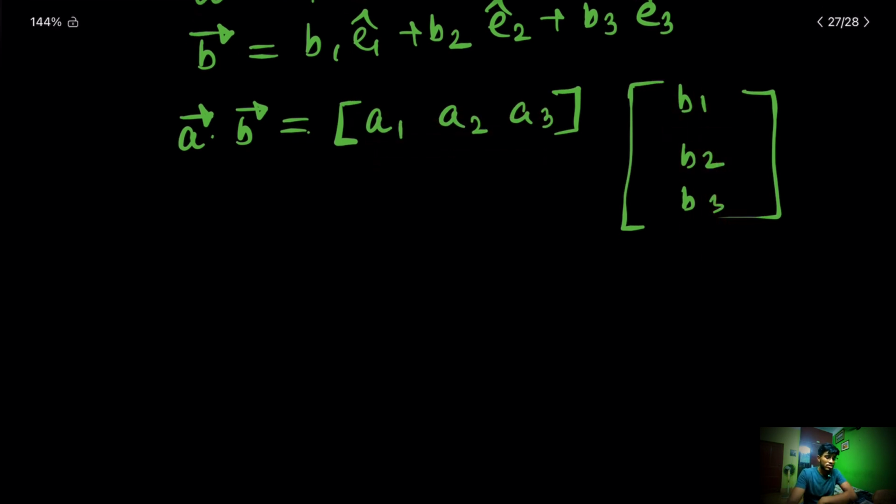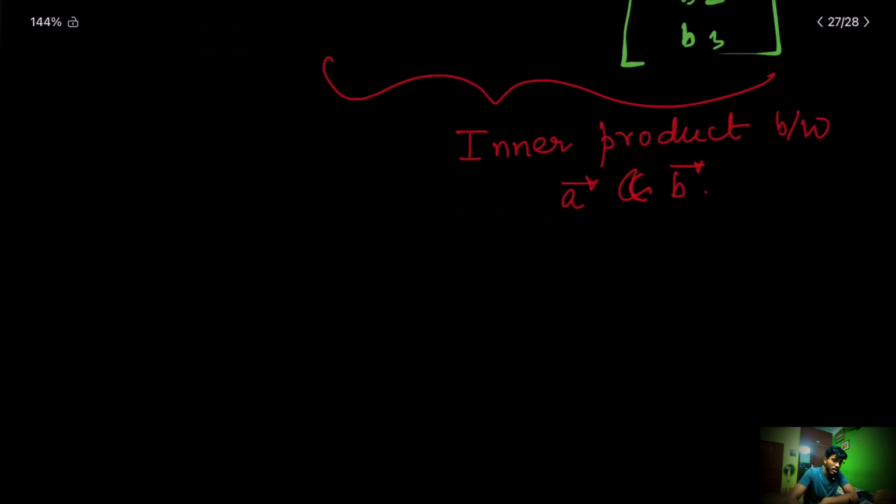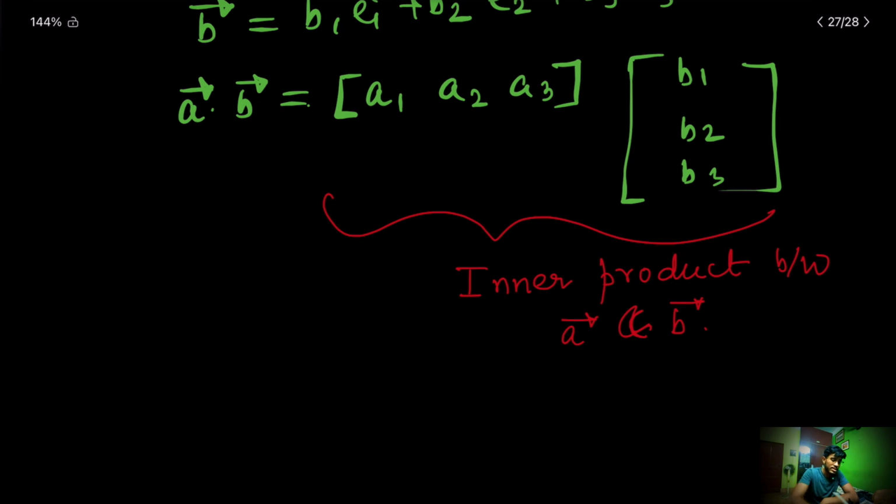So this is called the dot product, and this is also called the inner product between A and B, okay.